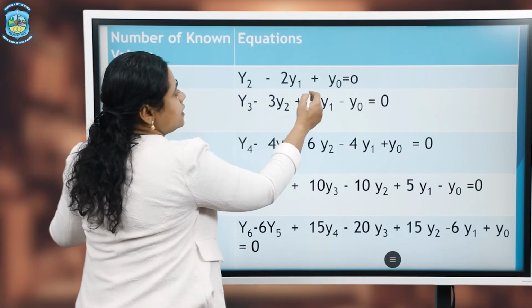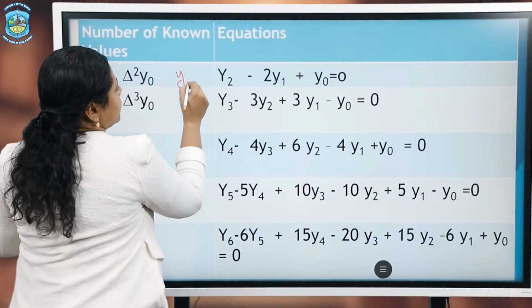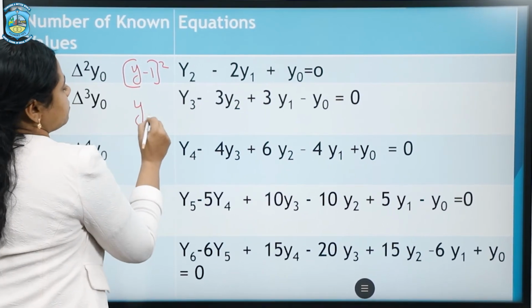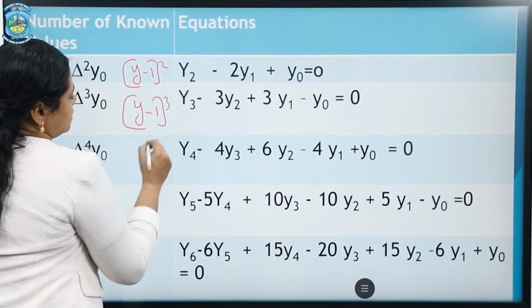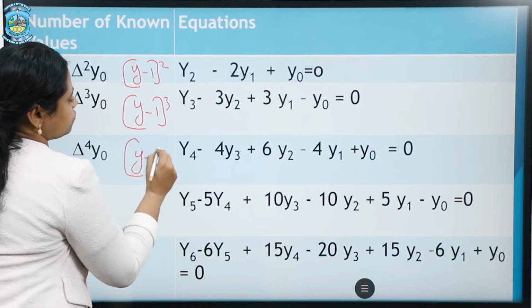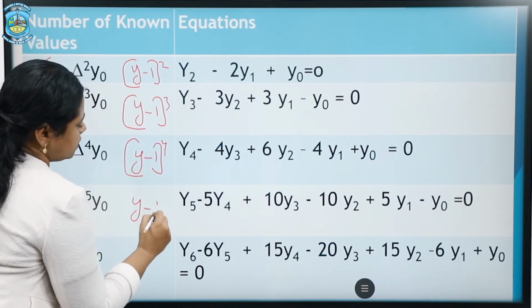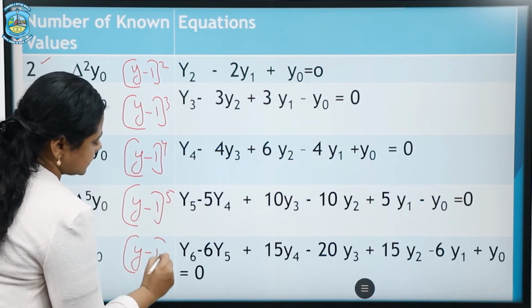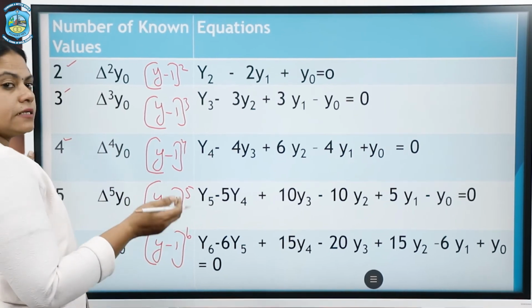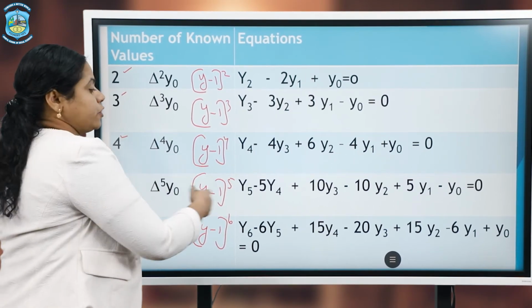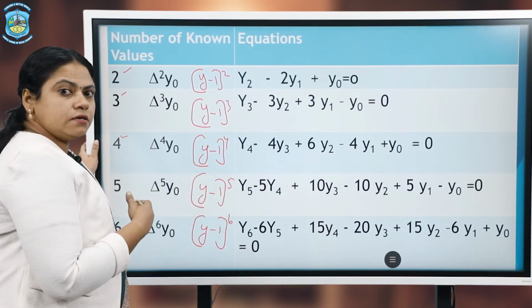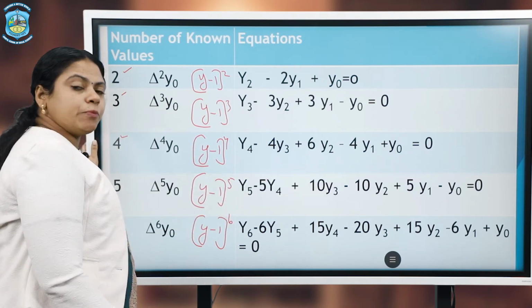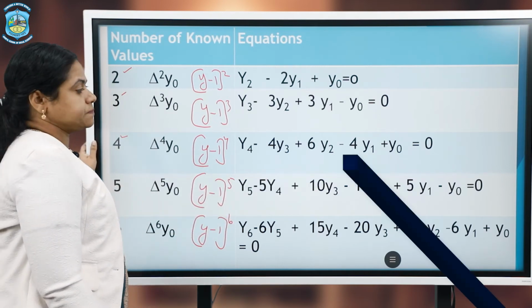The expansions are: y minus 1 whole square, y minus 1 raised to 3, y minus 1 raised to 4, y minus 1 raised to 5, and y minus 1 raised to 6. You can look at the binomial coefficients given in the Pascal's triangle, or you can calculate all these numerical coefficients using the formula.